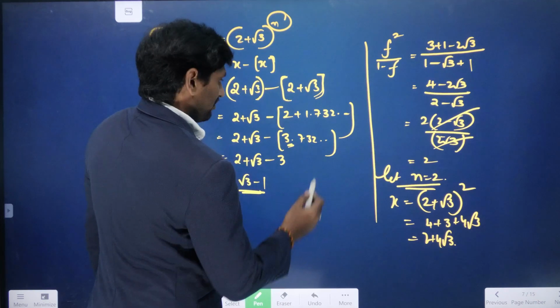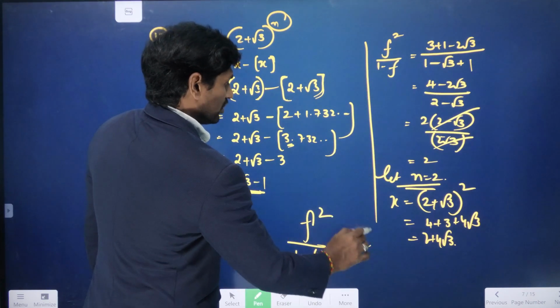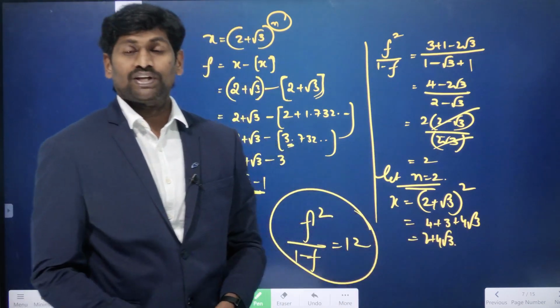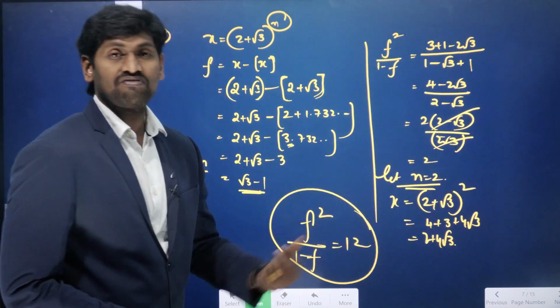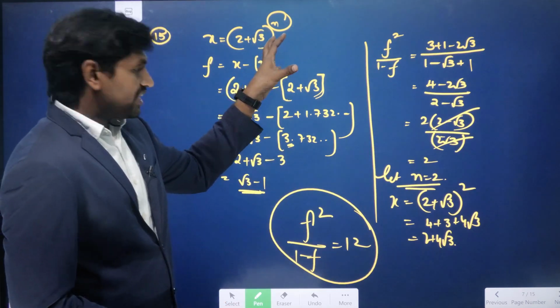You will get f square by 1 minus f is equal to 12. While solving the entire problem by using 7 plus 4 root 3 in place of x, you will get the value of f square by 1 minus f as 12. Whenever the n value is taken, we are getting the same answer.